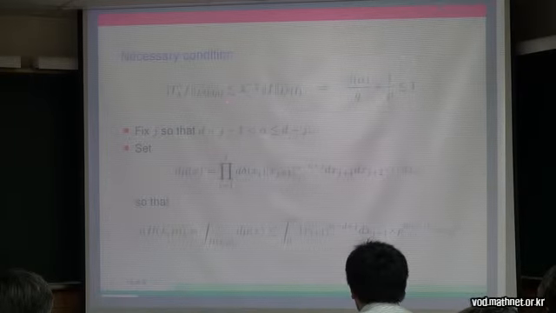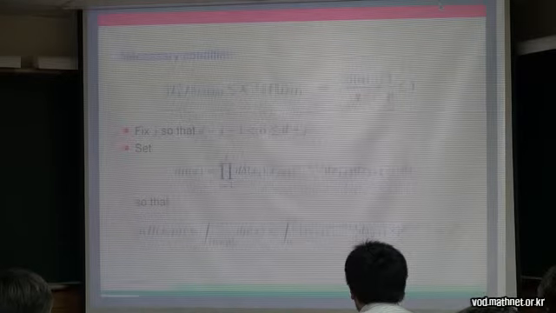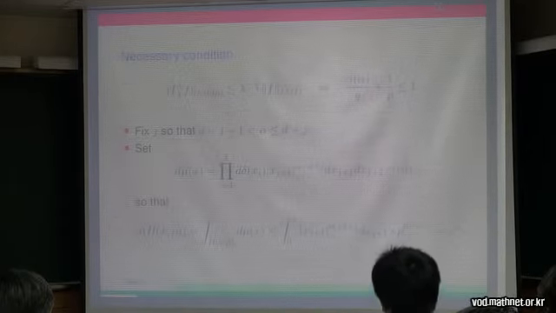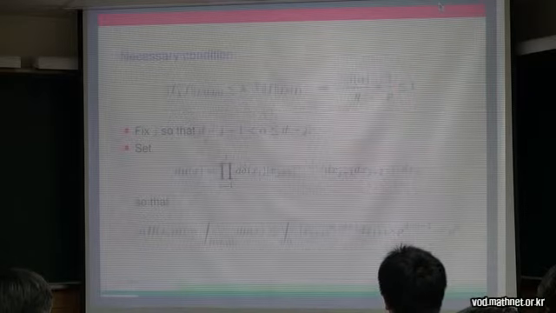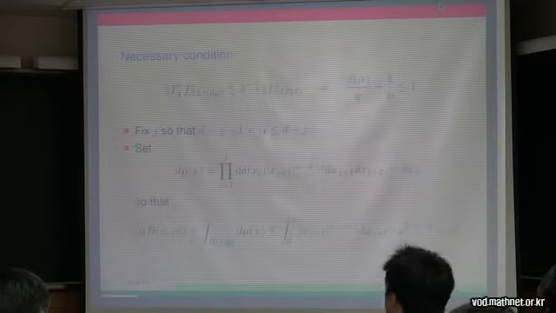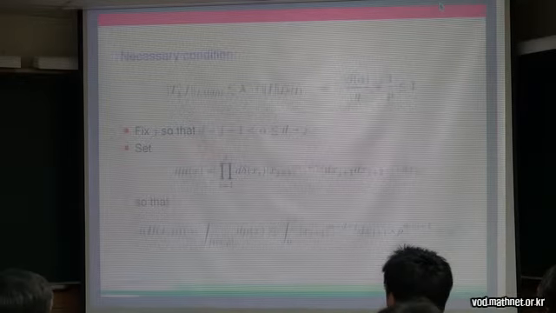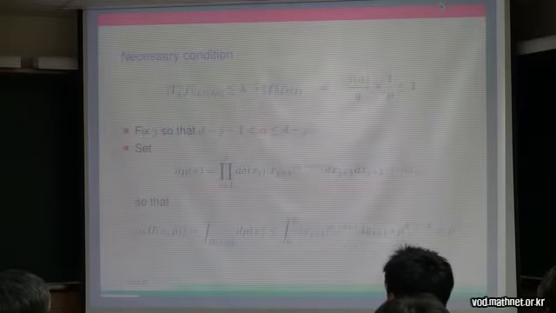If this estimate holds, then you can obtain that beta alpha of q plus 1 over p is smaller than 1. To see this, just fix some alpha.